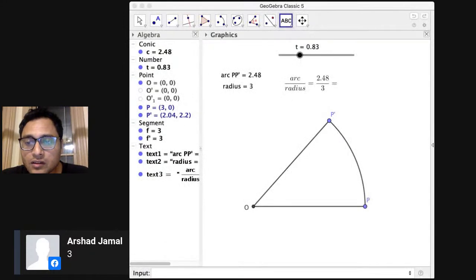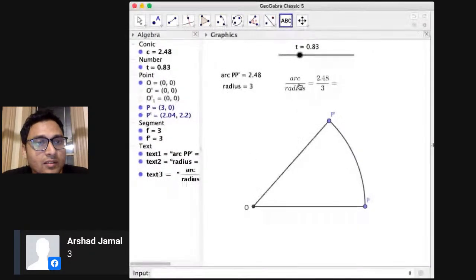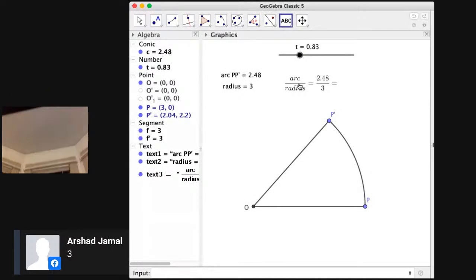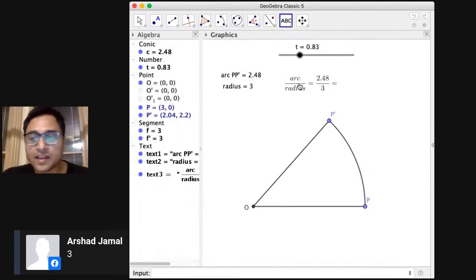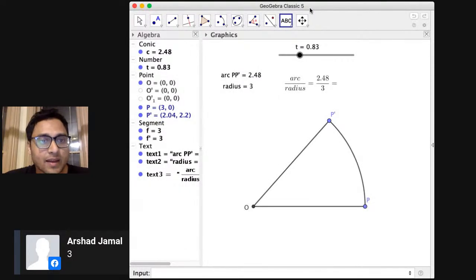Hello Lakshi. What is the value of arc over radius? You can use your calculator, it doesn't matter really. Can you compute the value of arc divided by radius to give me the ratio?